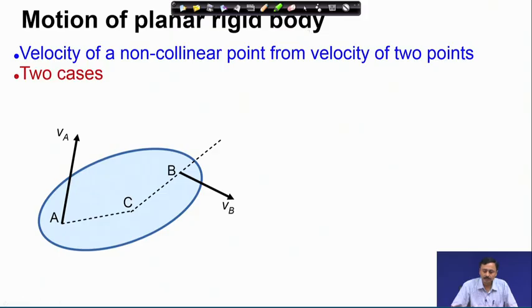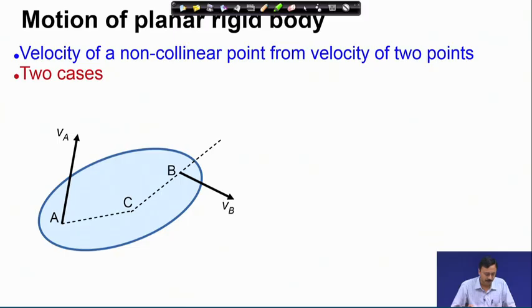Then we looked at this problem of determining velocity of any other point from the velocities of 2 points.